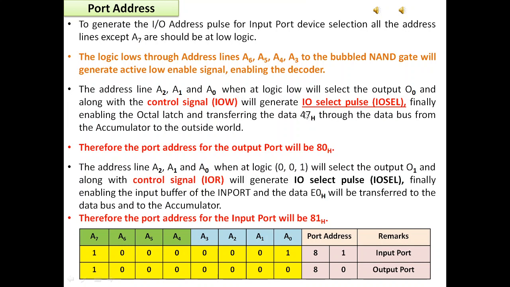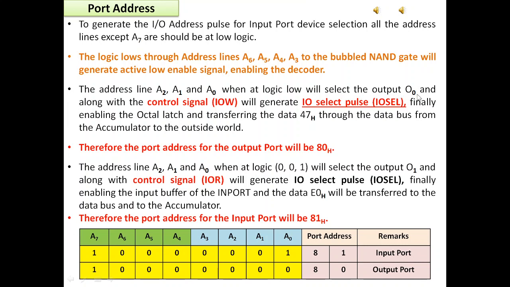Along with the control signal, we can select either the output port or the input port. Okay, so if we are talking about the output port, then the address lines A2, A1 and A0 are at logic low.